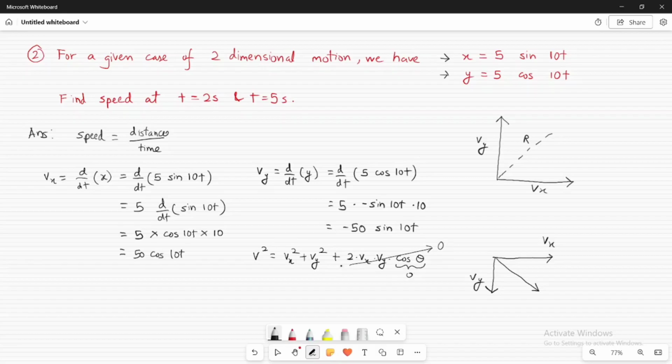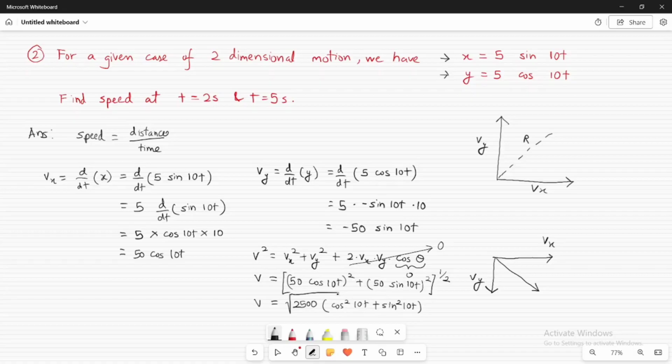That means V equals the square root of (50 cos 10t) squared plus (50 sin 10t) squared, that is 2500 root over cos square 10t plus sin square 10t.